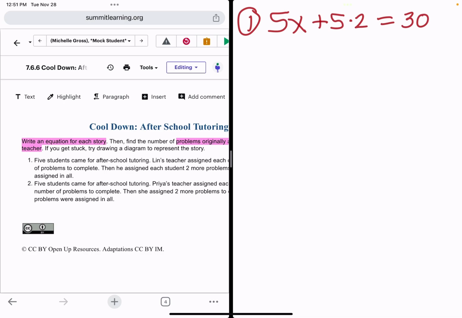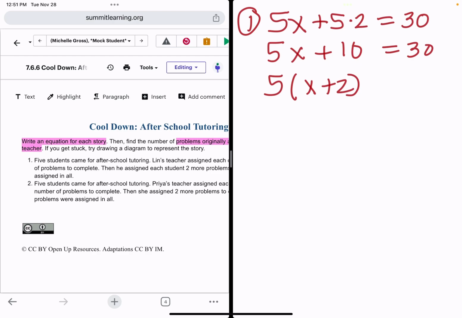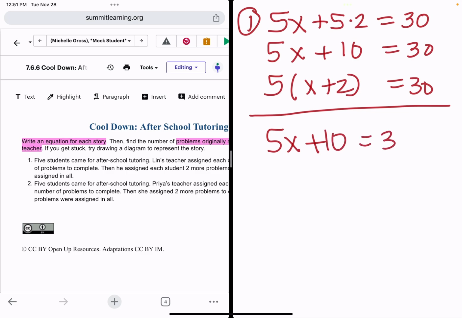So you could write it like this, or you could write it like 5x plus 10, because there were 10 problems there. Or you could even write it like this: 5 students got x plus 2. They got some problems plus they got 2 more, equals 30. Either way you want to write it is totally fine with me. But ultimately, we're going to get to this 5x plus 10 equals 30 to solve.